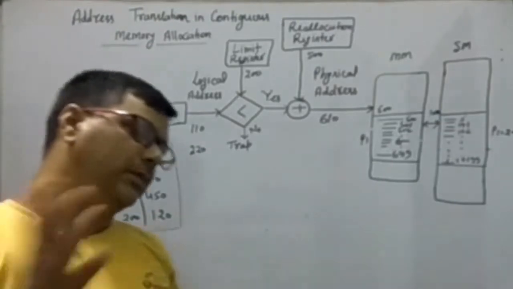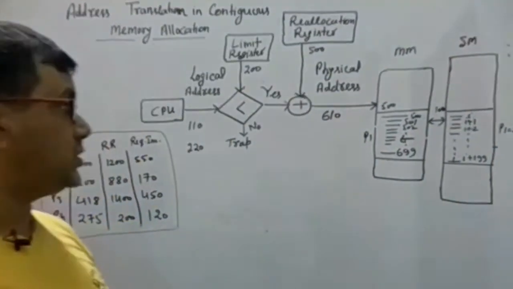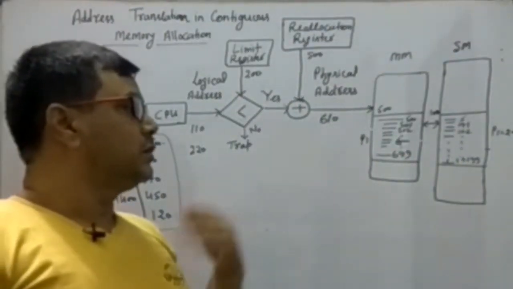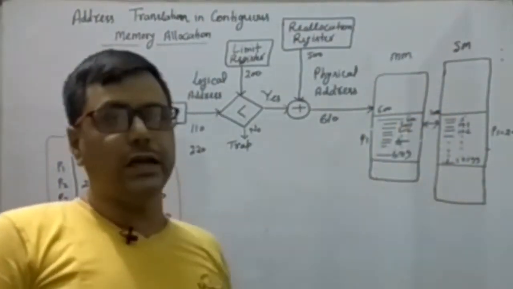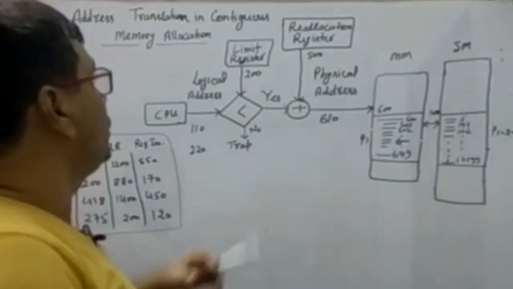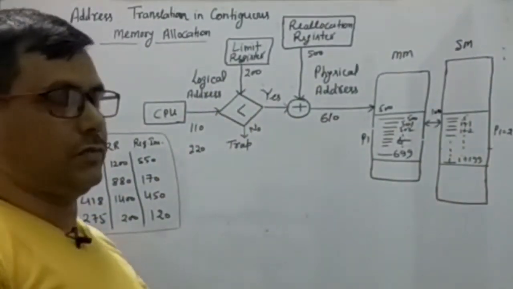So this is for the safety and security of the process. That means any process cannot access the instructions of other areas, intentionally or unintentionally. So that is the role of the limit register.